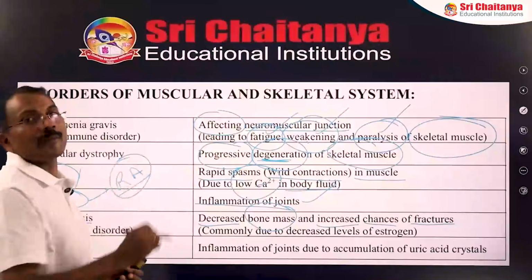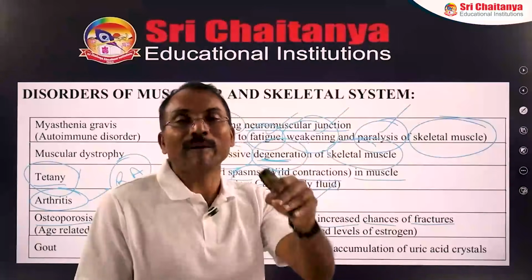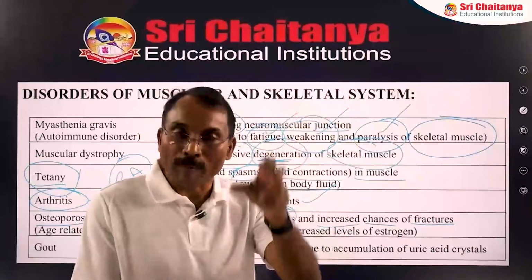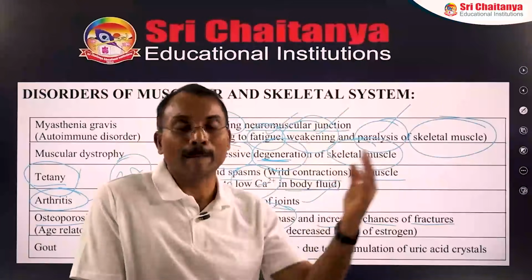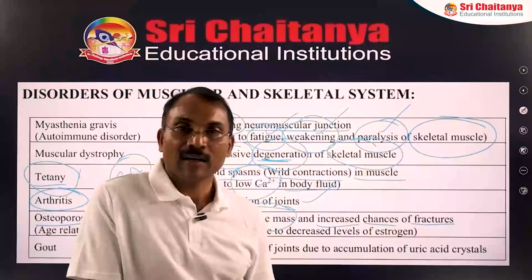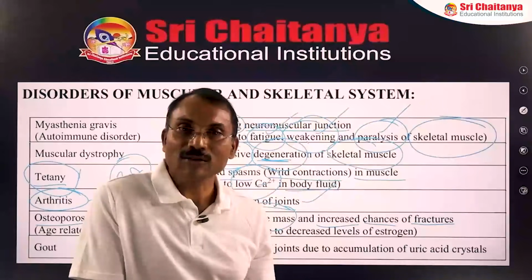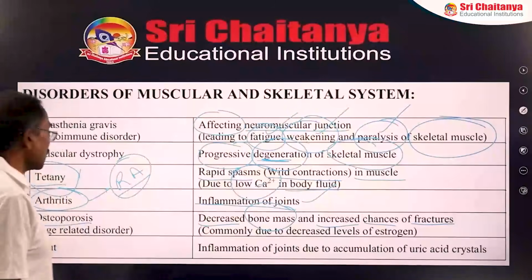It is very common in females when compared to males, because in postmenopausal women osteoporosis is more common when compared to men. That is because in postmenopausal women the estrogen levels decrease. As a result, osteoporosis is common in postmenopausal women.